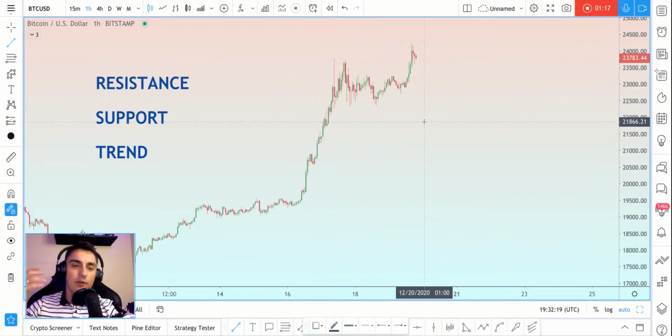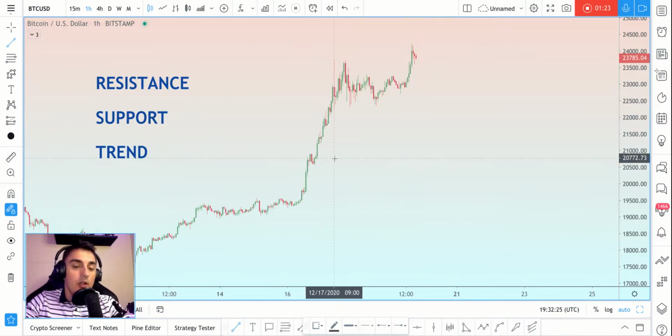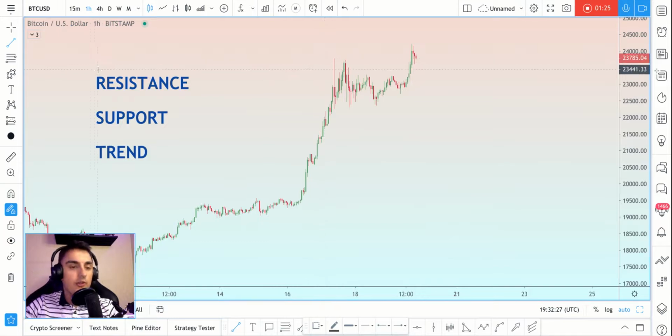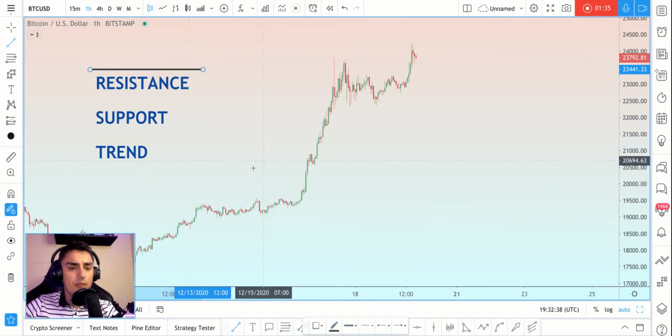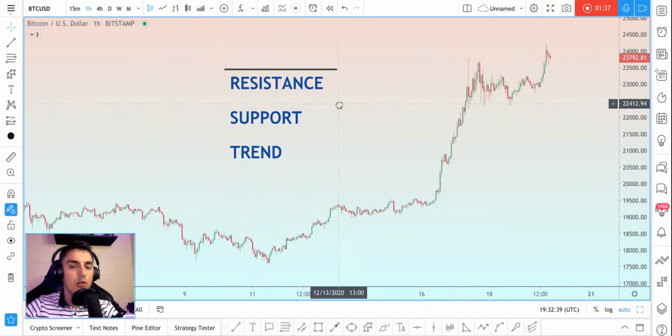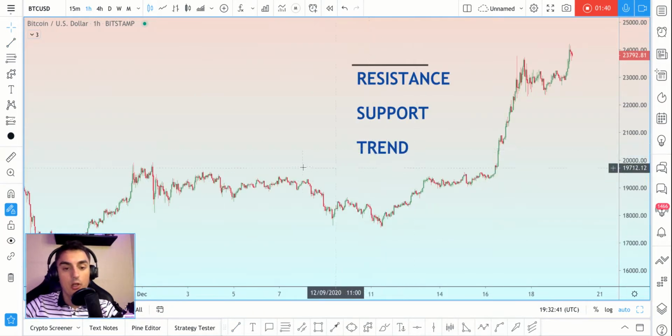So first of all, let's talk about how to build support and how to build resistance. To build resistance, you just need to connect a few points of the price. Resistance is mostly a horizontal line, and it connects a few price tops.